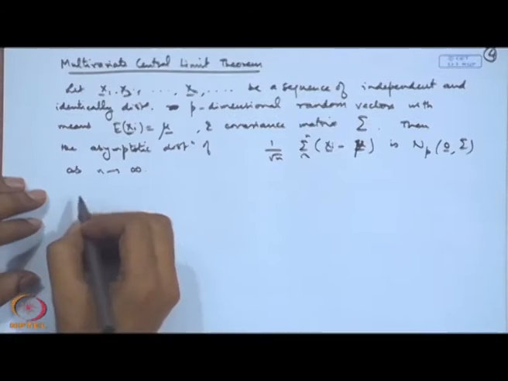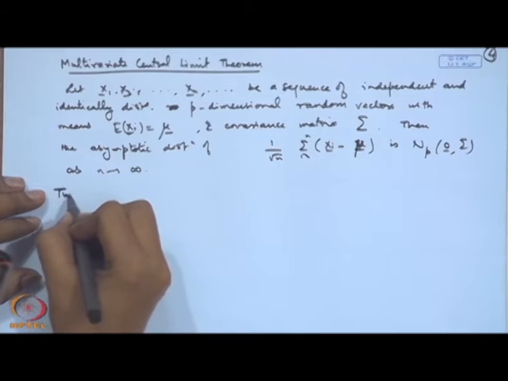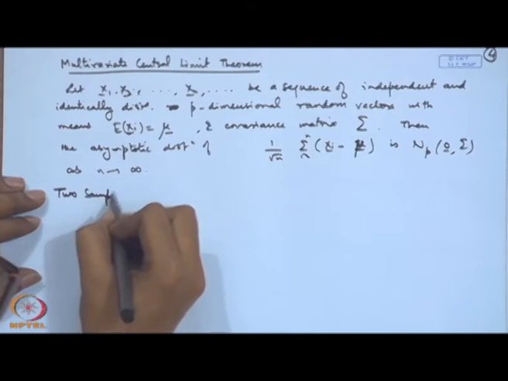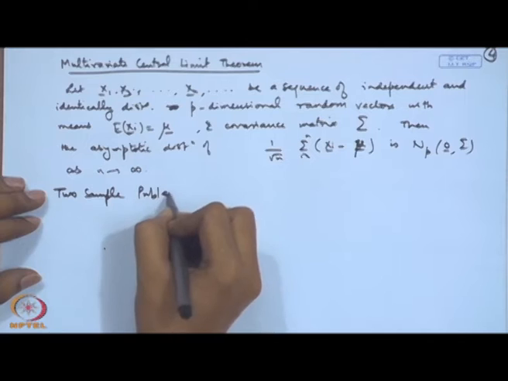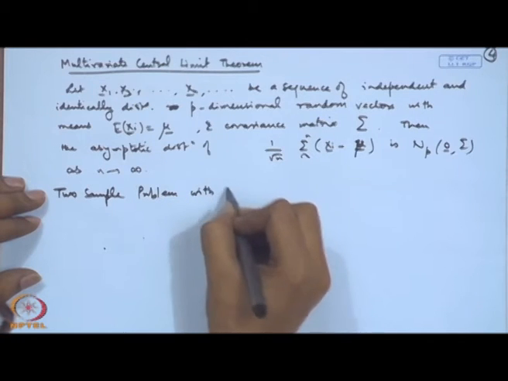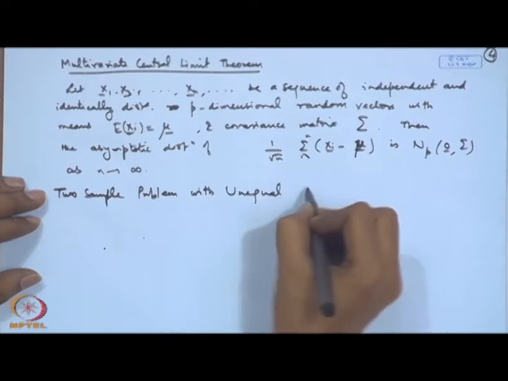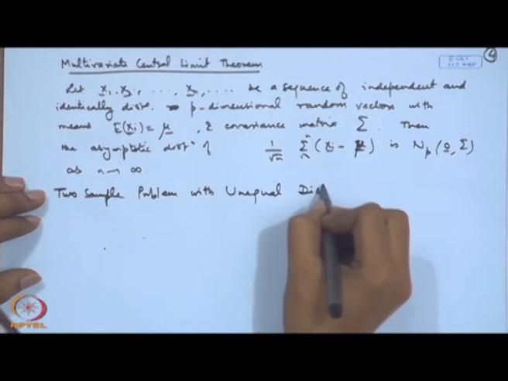But when they are not equal, then in the case of one variable we had some approximate procedures. Now, in the case of multivariate, we present some procedure which is based on considering a curtailment of the observations. So, let me present one procedure here. Two sample problem with unequal dispersion matrices.